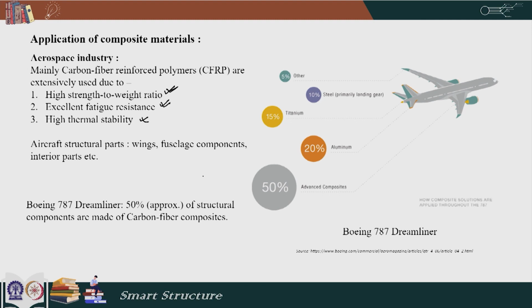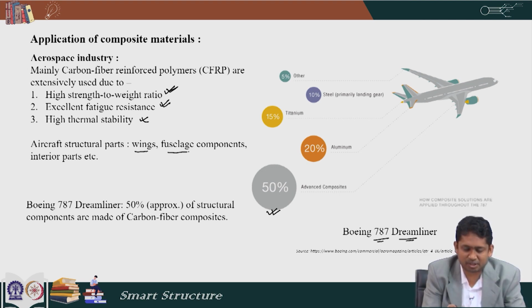If we look at an aircraft, for example, a Boeing 787 Dreamliner, we can see that around 50% of the entire constituents is advanced composites, and there is 20% aluminum, 15% titanium, 10% steel, and others around 5%. Various aircraft parts like wings, fuselage components, and interior parts use composites.